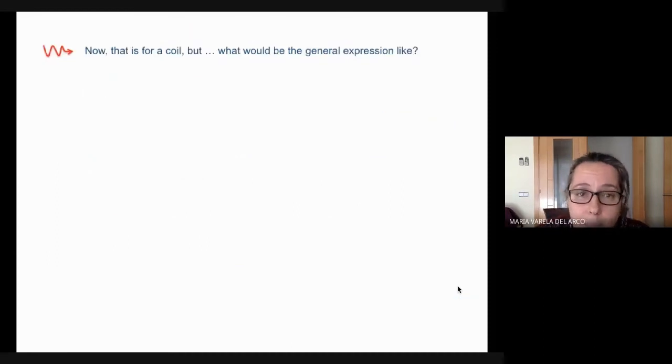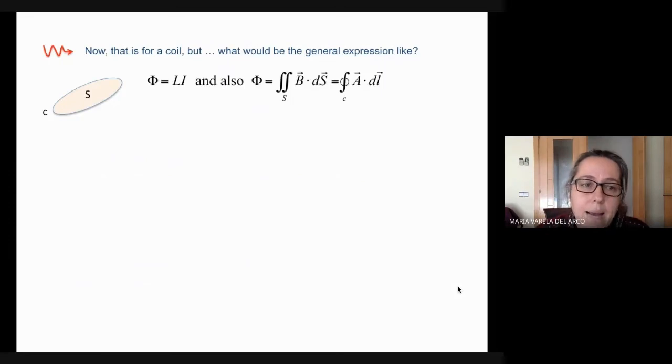Now, that is for a coil, but what would be the general expression for the magnetic energy that I was promising a few minutes ago? Well, in this particular case, let's go back for a moment to the system where we have just some loop, C, which defines a surface S, what's inside.